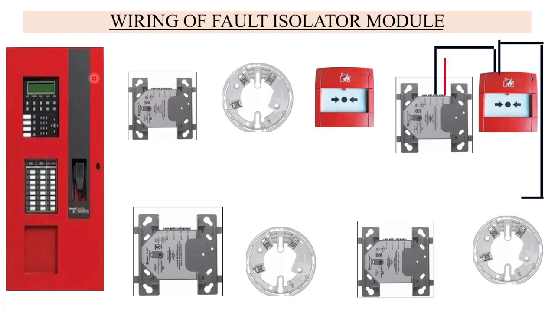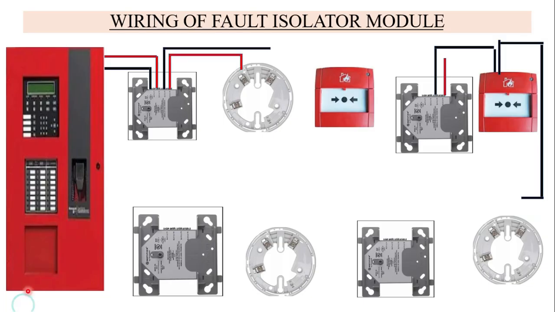So this is the outgoing SLC, outgoing loop 1. From here let's take a wire, minus means black connected over here, then plus connected over here. So this is the first device, for output.